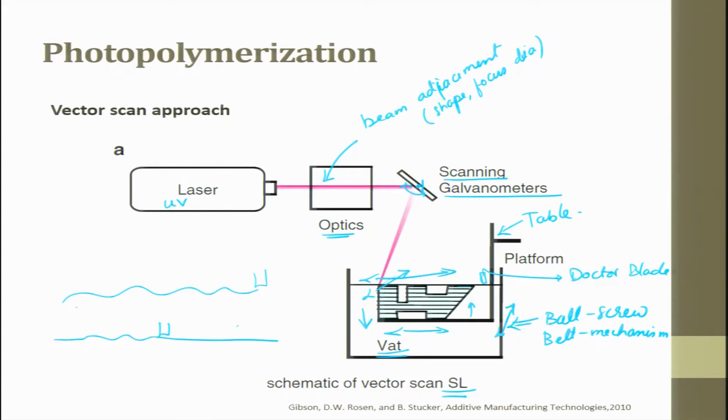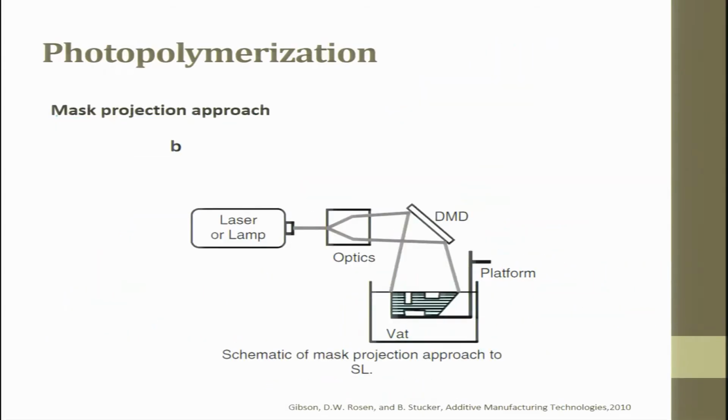Why? Because if you have a wavy pattern and the laser tries to hit, there is a possibility it reflects. If it reflects, the efficiency of the process goes down. So this is the vector scan approach.